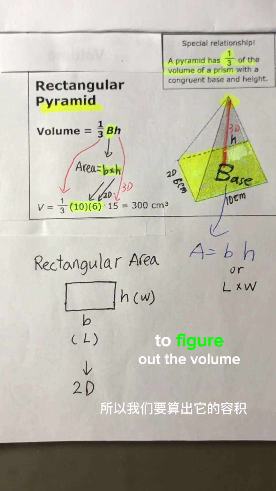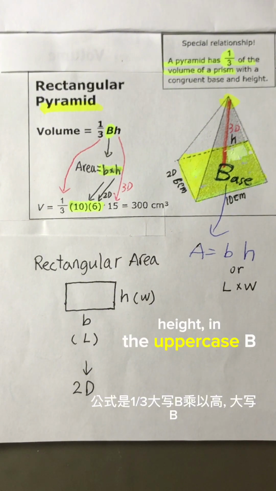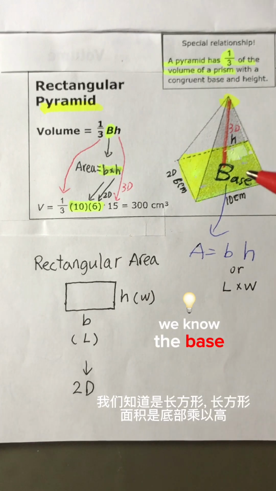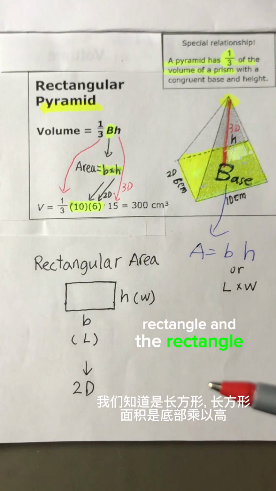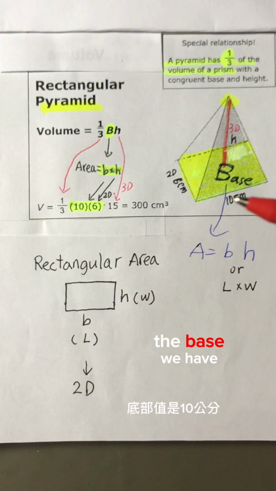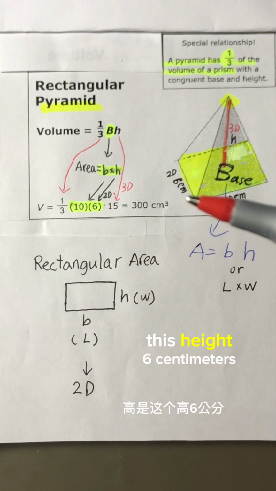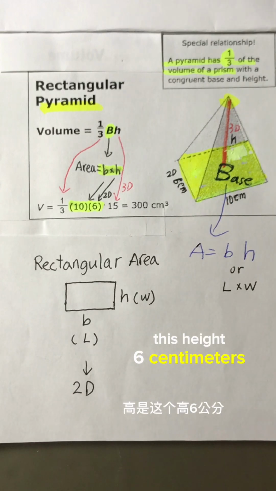So we are going to figure out the volume. The formula is 1/3 uppercase B times height. And for the uppercase B, we know the base is a rectangle, and the rectangle area is base times height. The base we have is 10 centimeters, the 2D height is 6 centimeters.